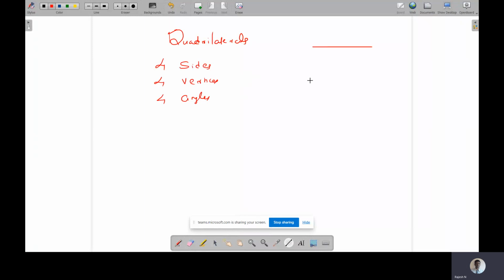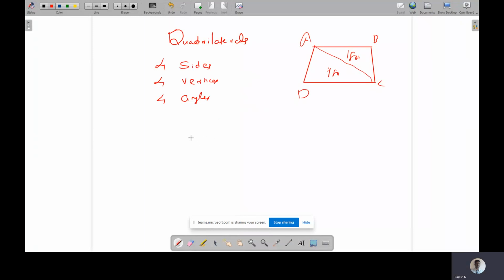So in a quadrilateral, what is the sum of the angles? Here it is a triangle, here also it is a triangle. So this triangle's sum is 180, here also 180. So 180 plus 180 is what? 360 degrees.